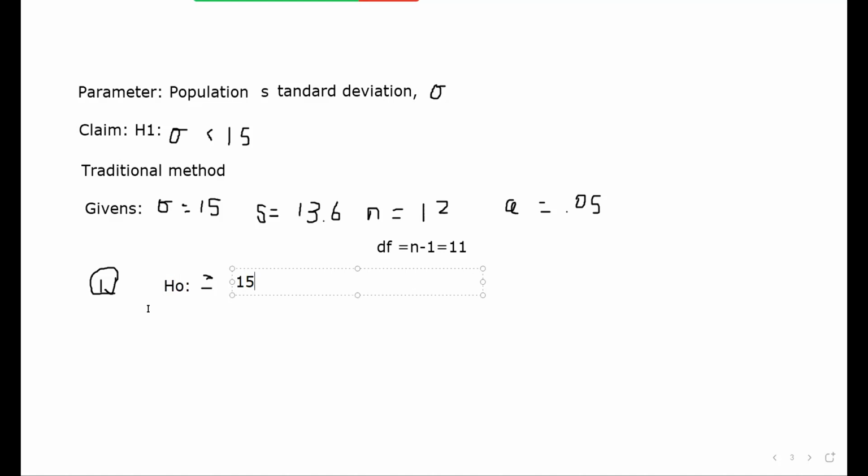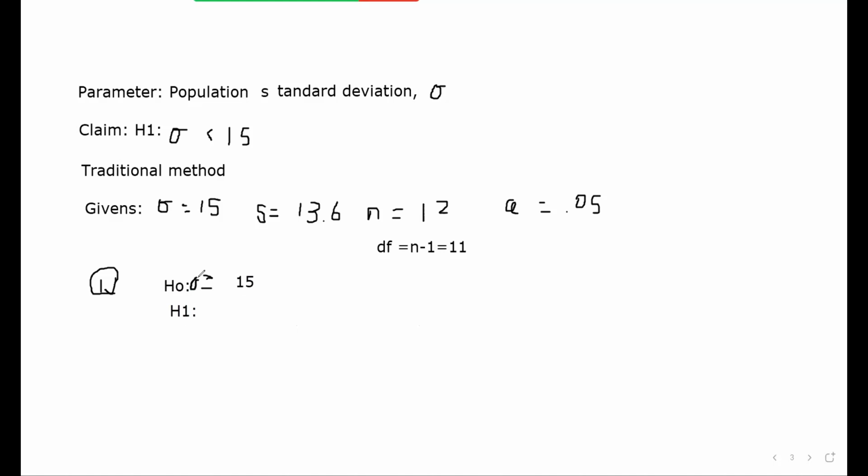Okay. And your H1. So H1, and I've forgotten my sigma. How inconvenient. Let me put it in there. Sigma.